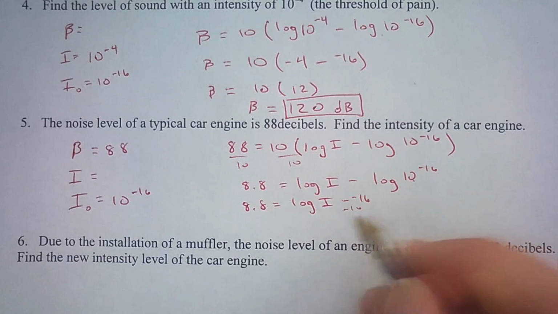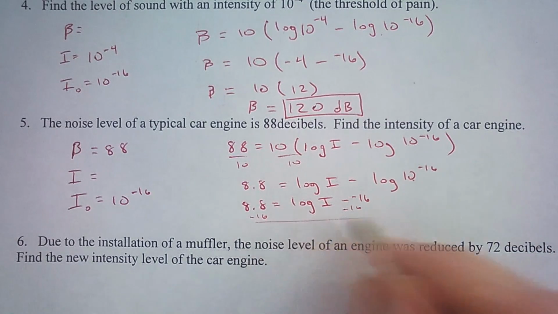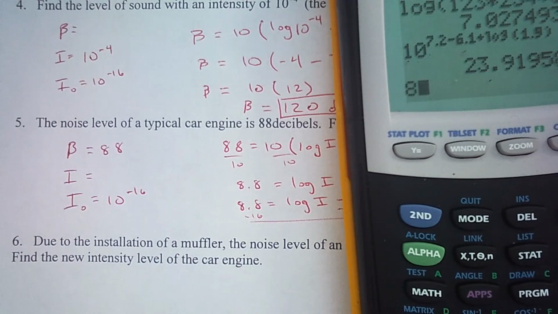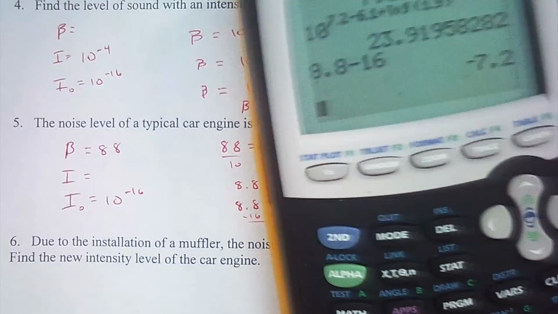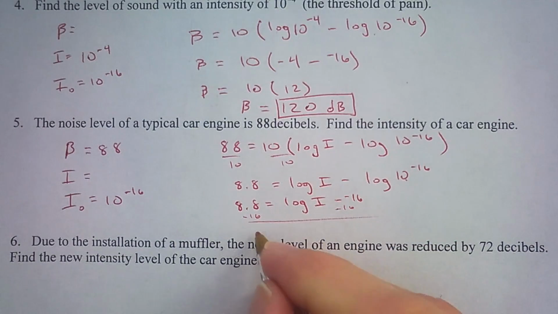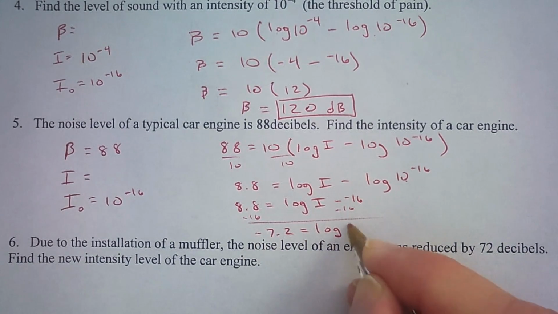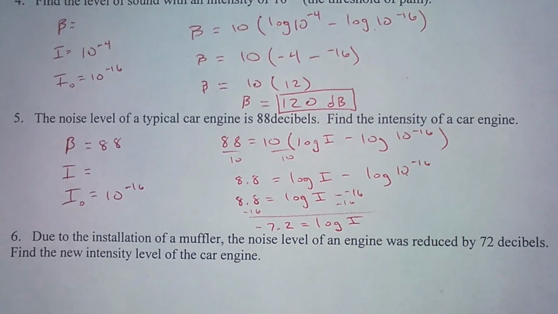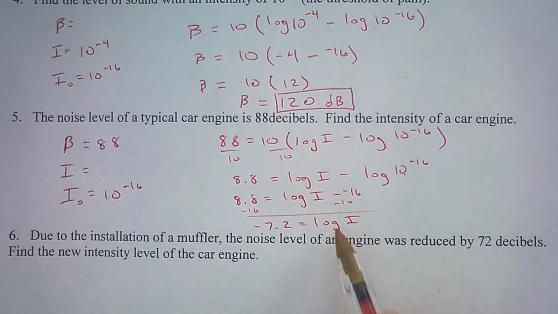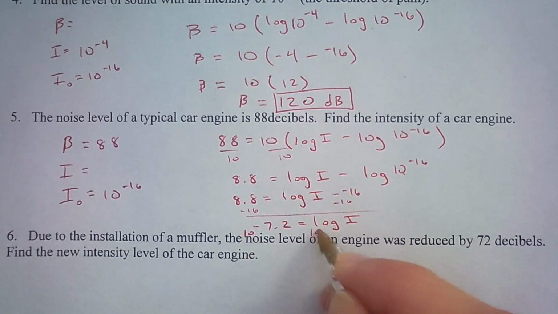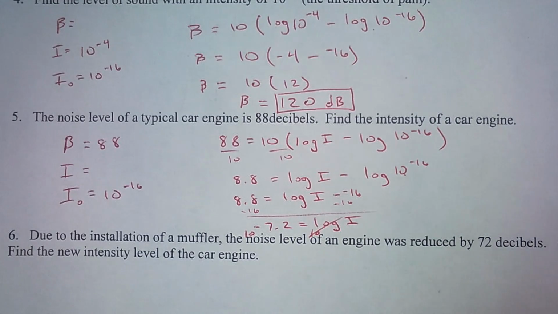So I can subtract 16 from both sides. 8.8 minus 16 is negative 7.2. So negative 7.2 equals log I. Now this is log base 10 of I, so if I want to get rid of this logarithm, I can put a base 10 on both sides.